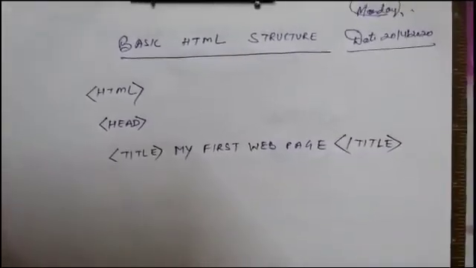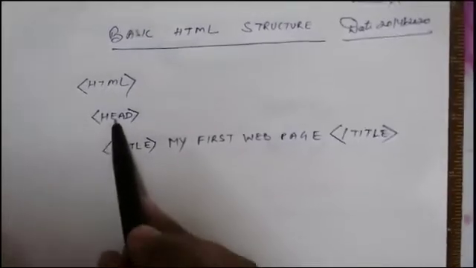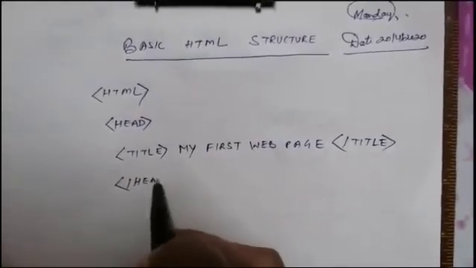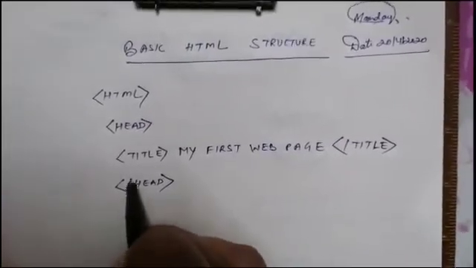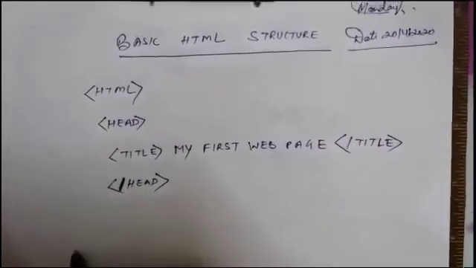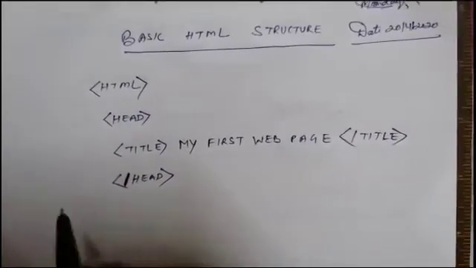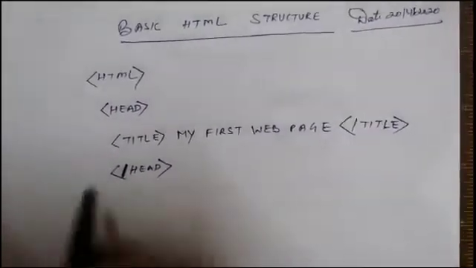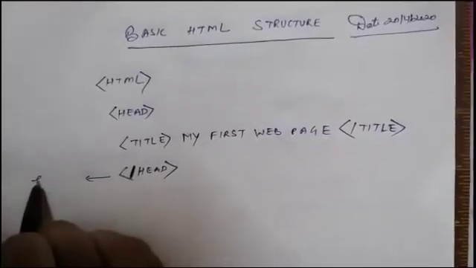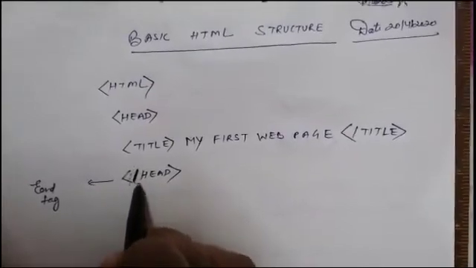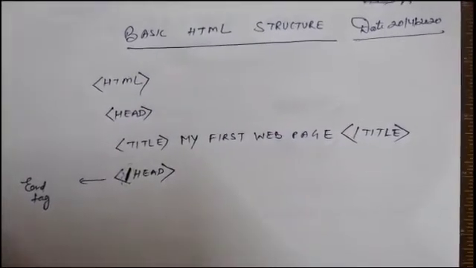this title tag. Now it's time to end this head tag. For ending the head tag, we include this forward slash before writing head, then angle bracket close. Start and end, this is the end tag. So this is an end tag which includes this forward slash symbol everywhere.